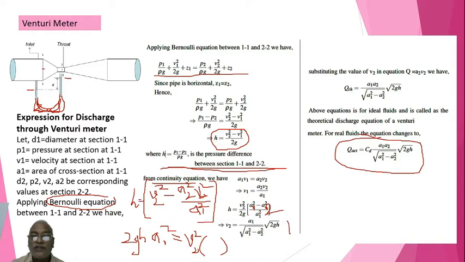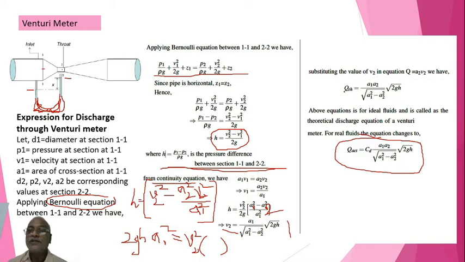Now with all this information, substituting the value of V2 in the equation Q equal to A2 V2, because the discharge is given by A2 V2. We know A2, because it is nothing but the cross-sectional area. So Q theoretical becomes the velocity, which is A1 root 2gH divided by root of A1 squared minus A2 squared, multiplied by A2. That gives you this.